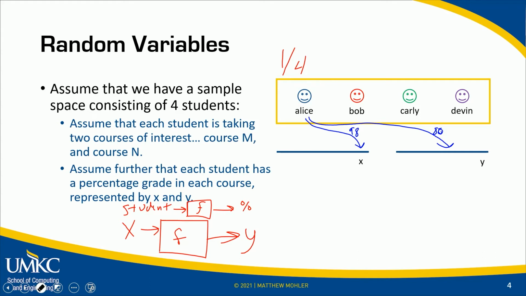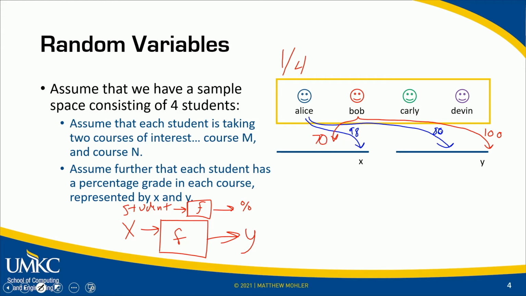Now, the other piece of this that we might look at is, let's say we selected a different student, Bob. Well, let's say that Bob is doing really good in his second course. He has a 100% in that course. But because he's doing so well in that course, he hasn't really been paying attention to his other course. And that brings us down to some point here where he only has a 70% in the first course.